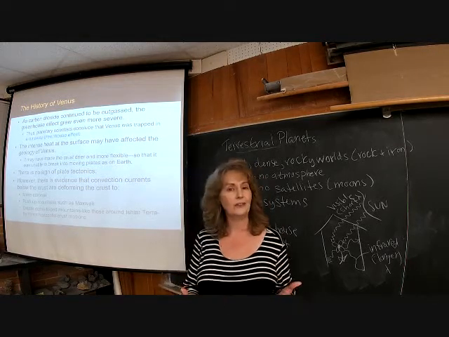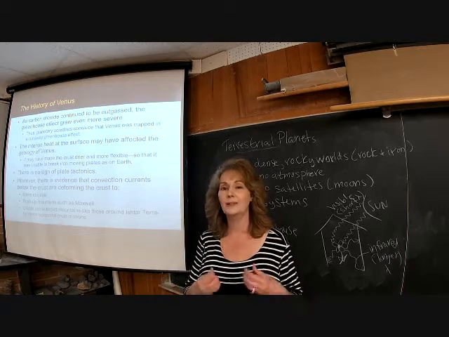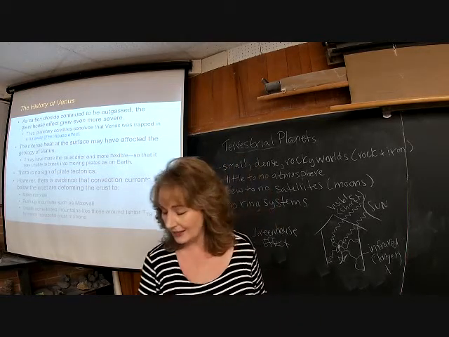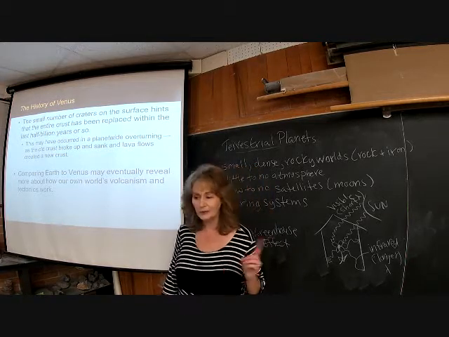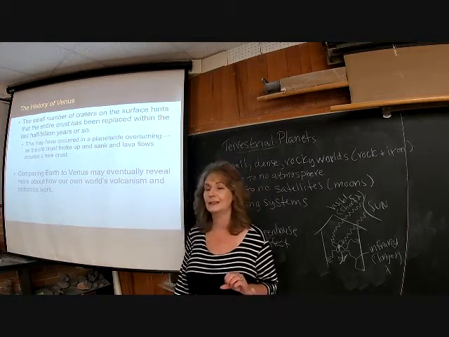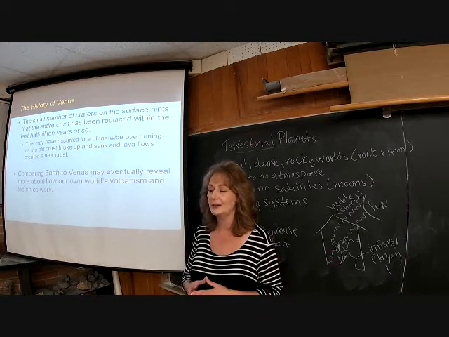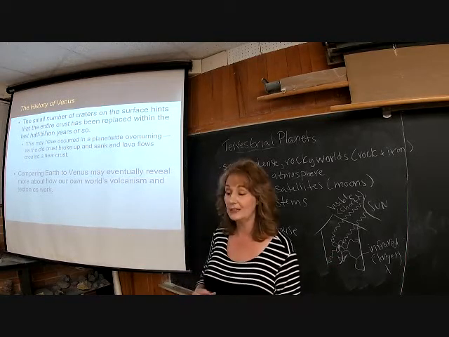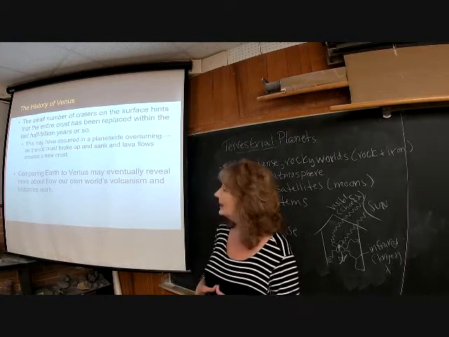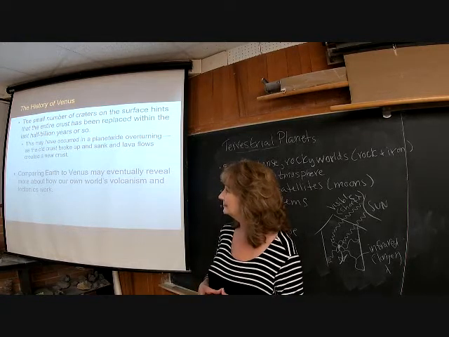So lack of water made a very different path for the history of Venus. So small number of craters, and that entire crust had been replaced within the first half billion years on Venus. So the volcanism kind of took care of a lot of that.